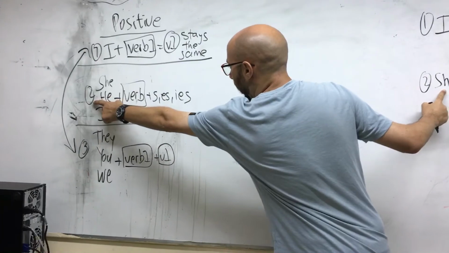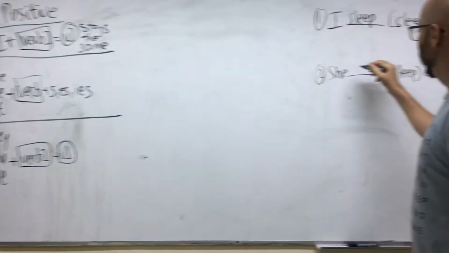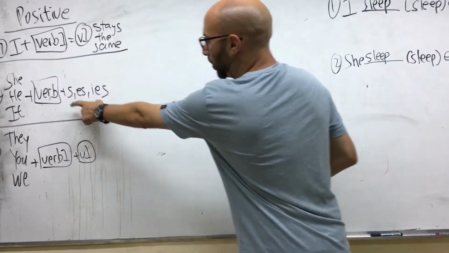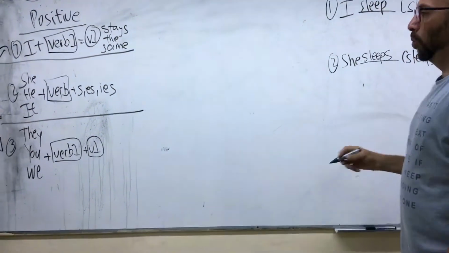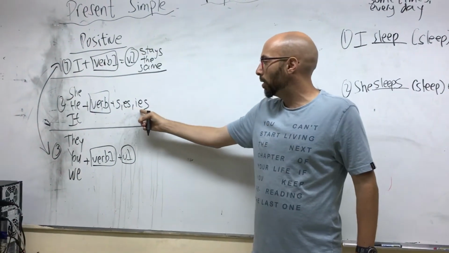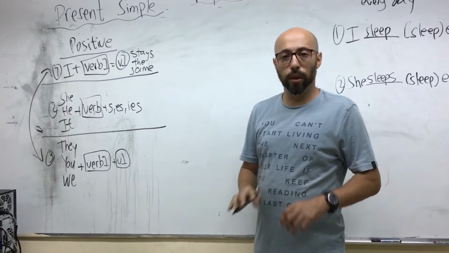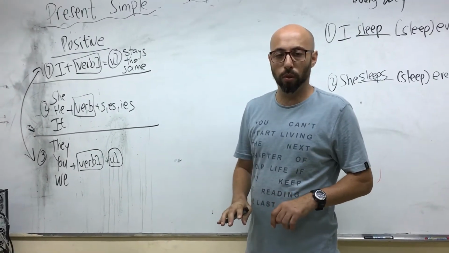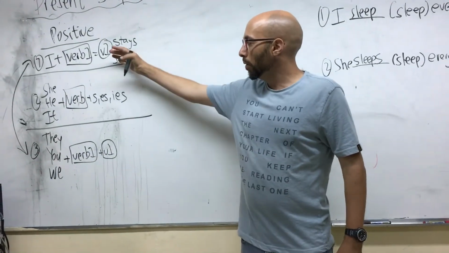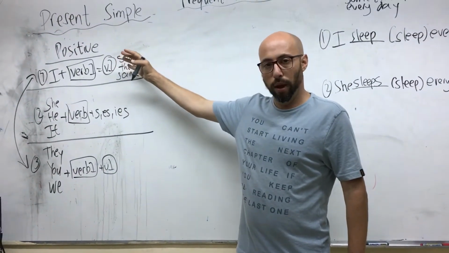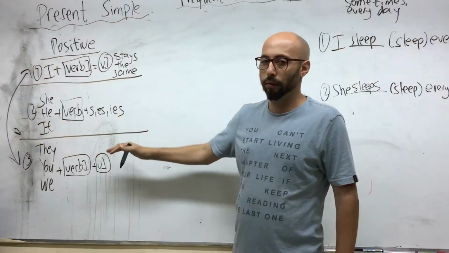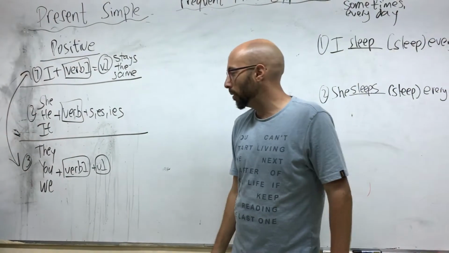It's in the second body, meaning I have to copy the word sleep and add an S. In the second body, in the positive, we have to add S, ES or IES. That is completely determined according to the spelling of the words, and I'm not going to go into that at the present time. What I want everyone to know is when to use the first body, the second body, or the third body. The spelling of the words is very easy.